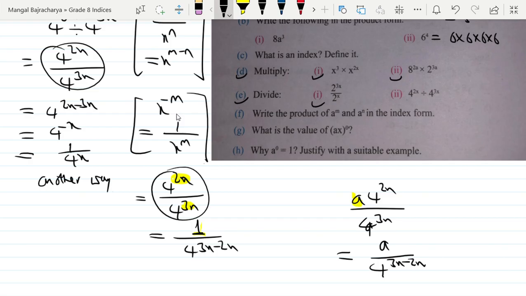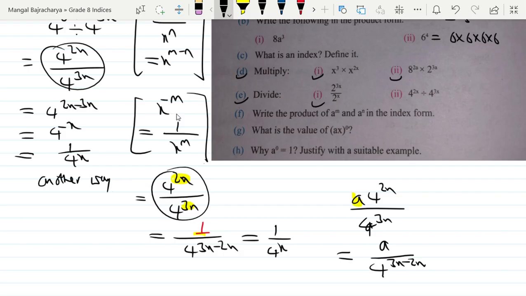But here we see nothing above, so we just brought 4 power 2x whole down. Its power gets subtracted and above there is nothing, so we have to keep 1. That should be kept in mind. Then 1 divided by 4 power x is the result.